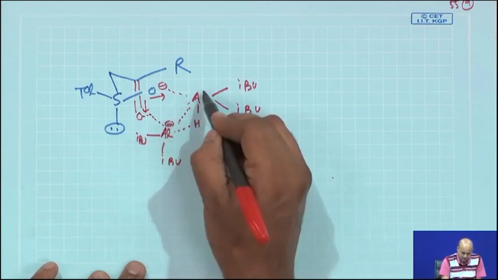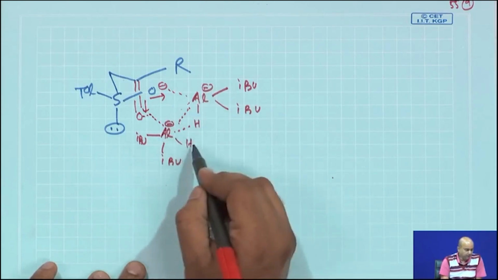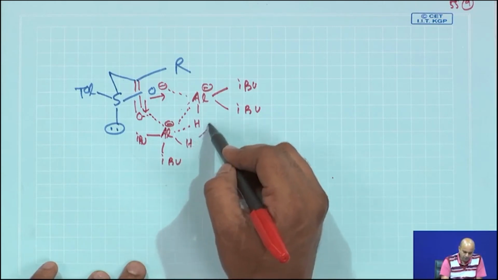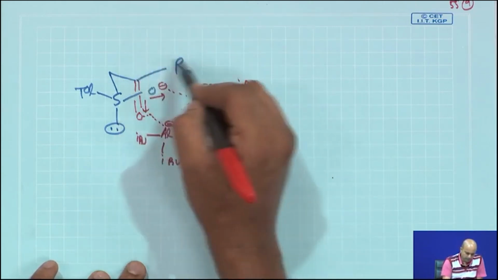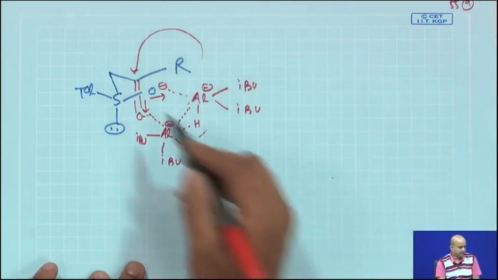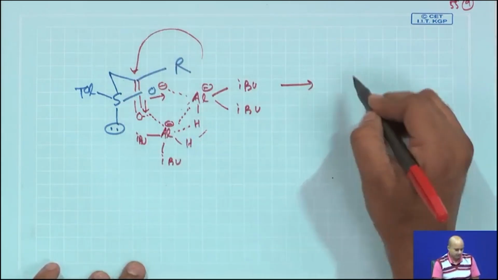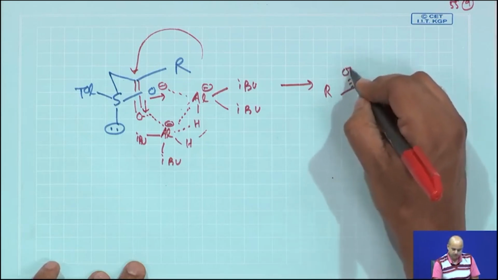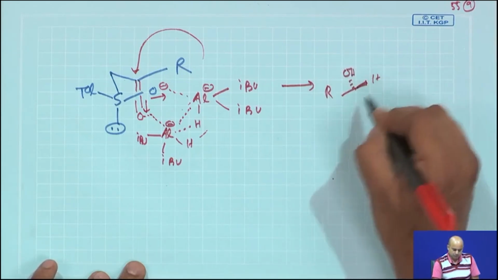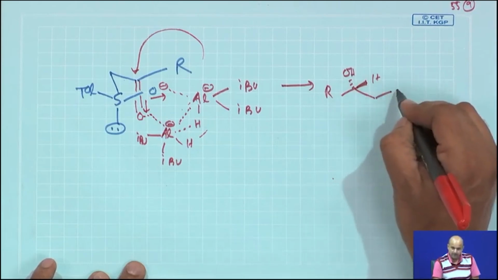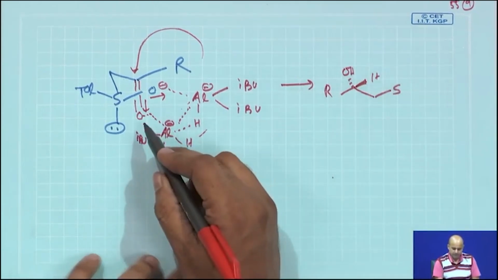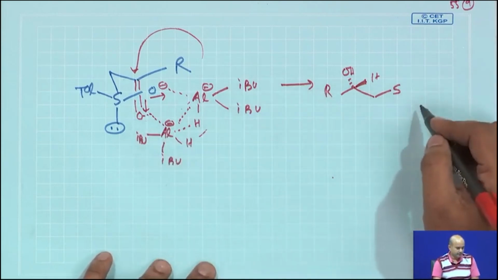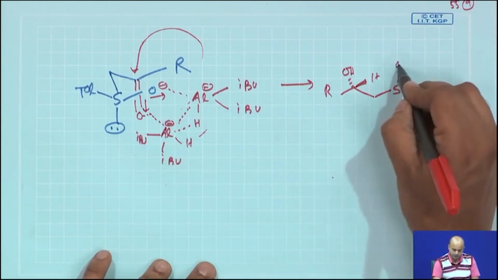Now, this Al minus, you have this hydrogen. This hydrogen, there is no other way, has to attack from this top. So, in this way, if it attacks, you basically get the carbonyl face, in one case attack from the re face, in one case attack from the si face, that basically dictates the whole stereochemistry.